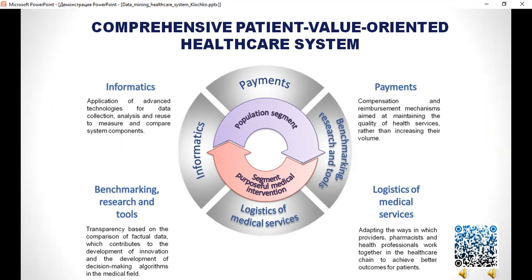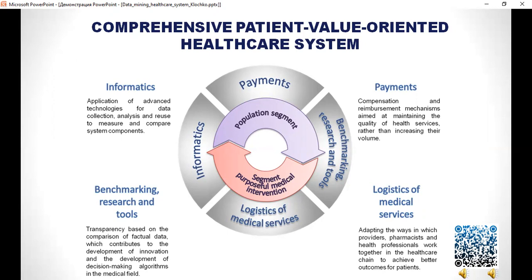Please look at the scheme. The benchmarks of this system are the quality of medical services and their costs, which is important for the patient, not their volume. The components that are the basis for the transformation of the healthcare system are computer science, payments, benchmarking of research and tools, and logistics of medical services.